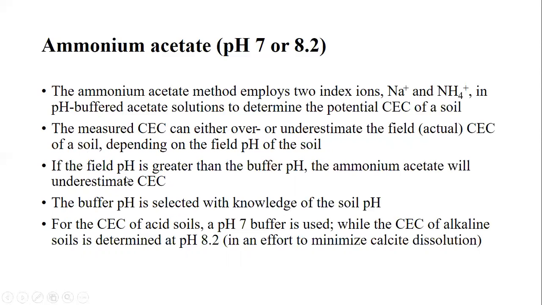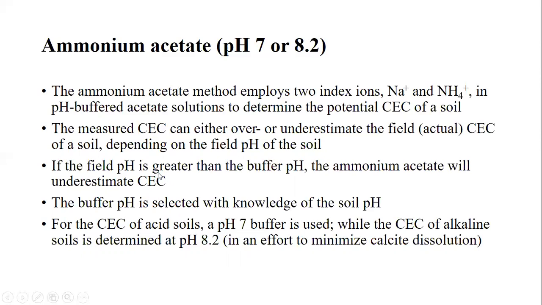If the field pH, the real pH of the soil in the field, is greater than the buffer pH, the ammonium acetate will underestimate CEC. Why is that? If the field pH is greater than the buffer pH that we're using, the ammonium acetate will underestimate CEC.